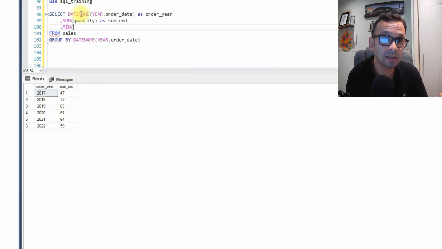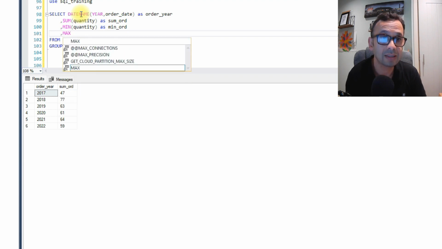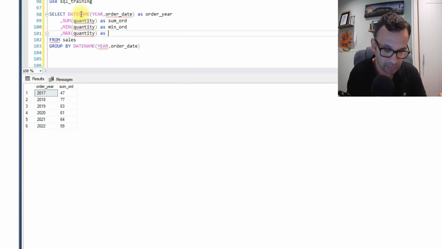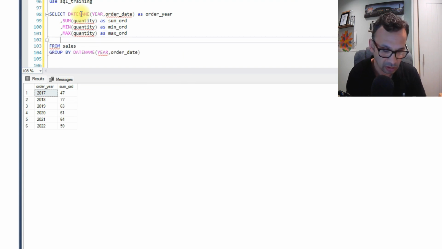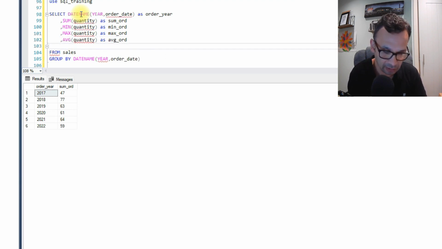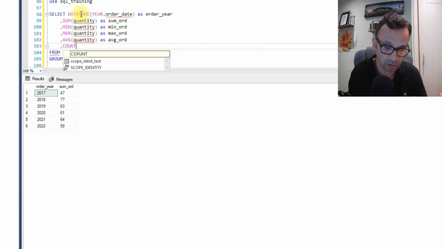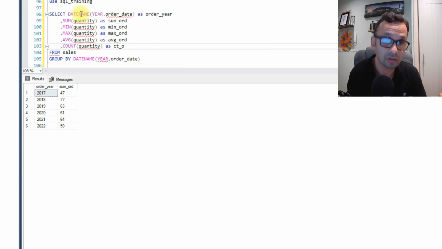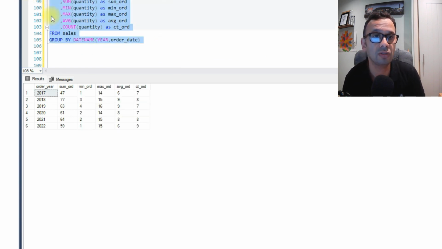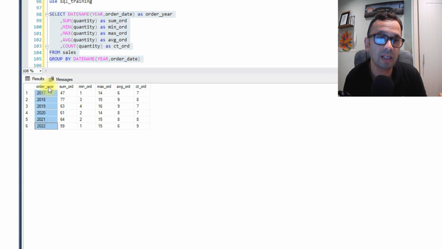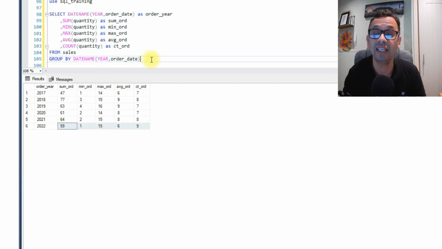So min, min odd, max as max odd, average, average odd, and finally count as count odd. So that there is your answer to number 3. So the years in a column, and then each of those figures, all that data grouped by the year of the order date.